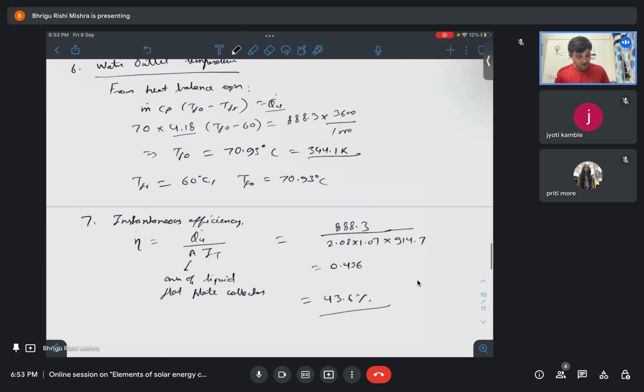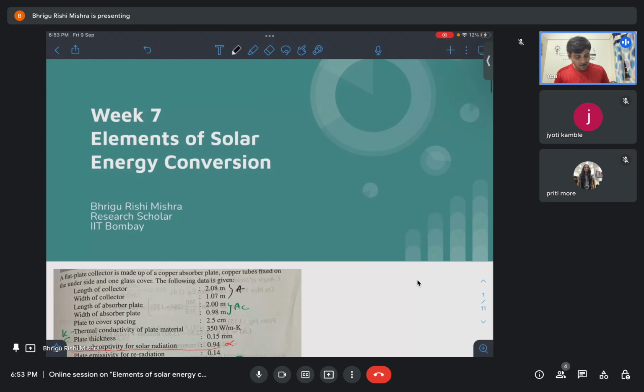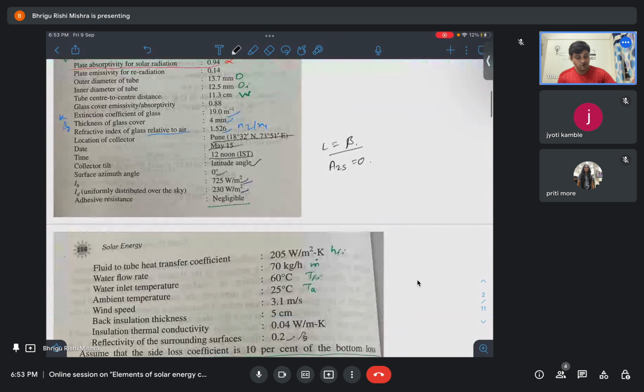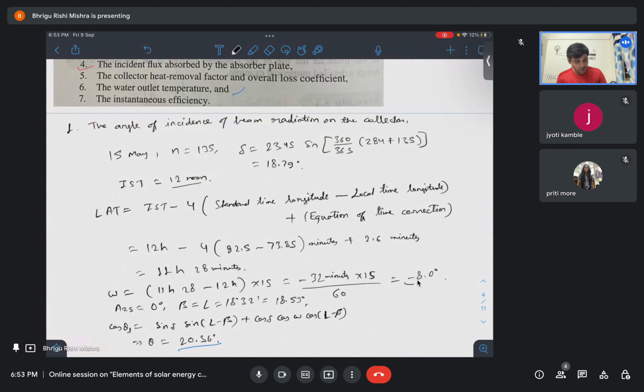In this question we have analyzed the heat removal factor, overall loss coefficient, and the instantaneous efficiency of the flat plate collector, whose location is Pune, and the date and time is May 15, 12 noon. We have used all the information which we have gained till now from this lecture.